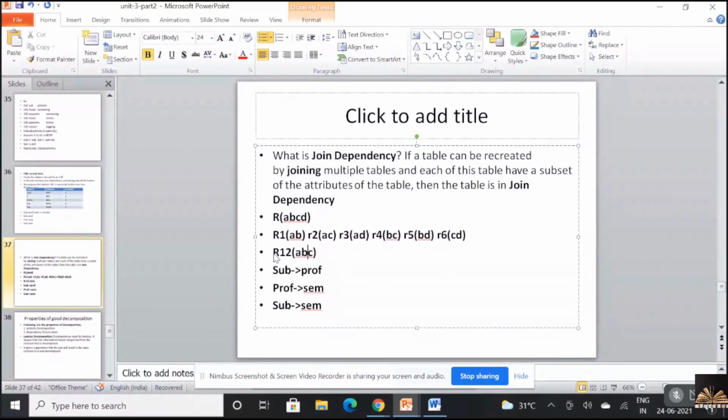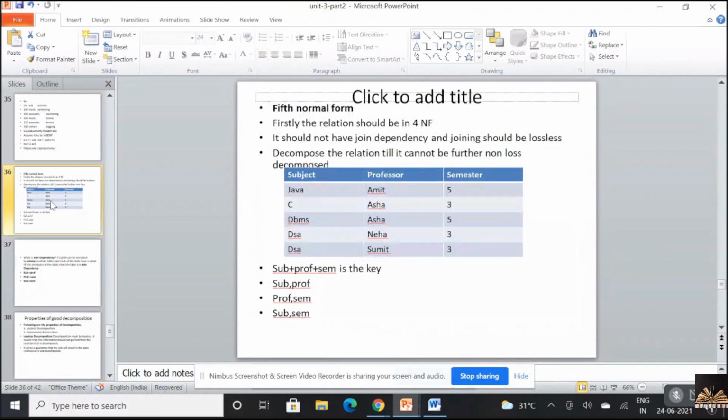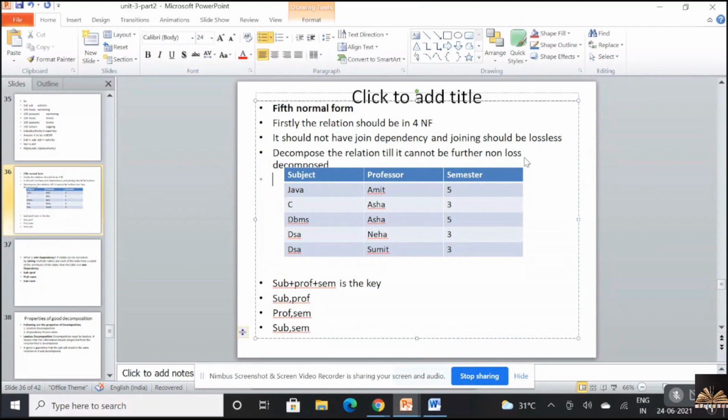Okay. I hope it's clear, ma'am. Now I'll be talking about 5NF. See, I have a table over here. I have student, professor, and semester table.